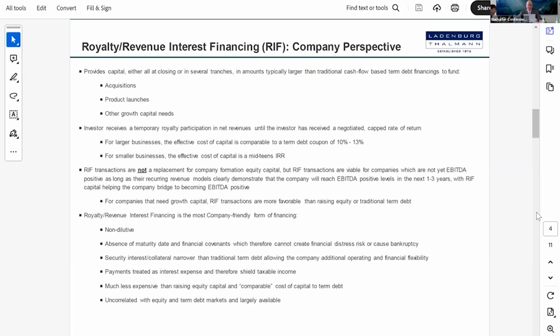The investor, talking about the cost of capital, for companies that are medium size, large size, the cost of capital is comparable to term debt, maybe 10 to 13%.